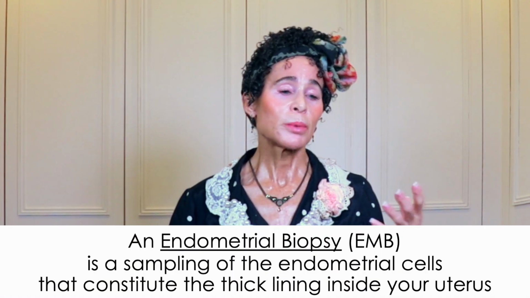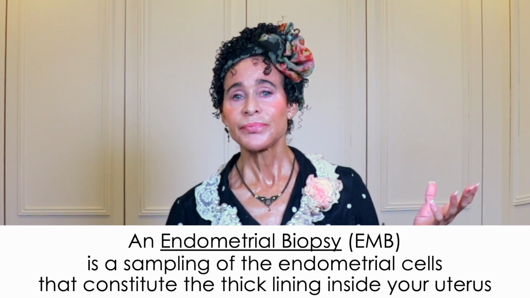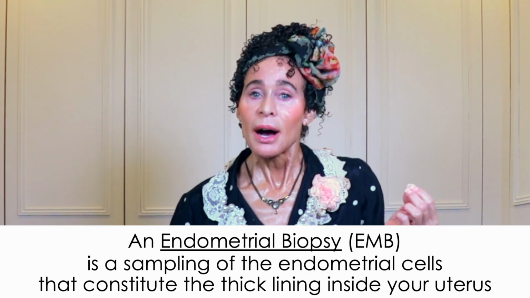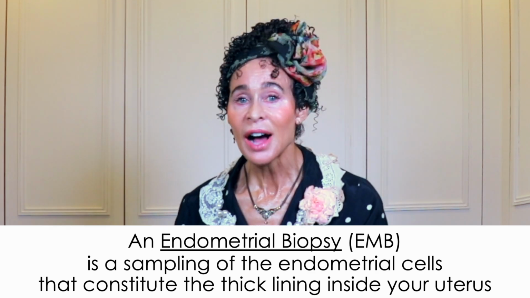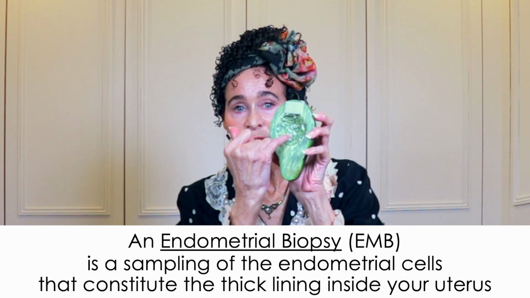But in the unit on endometrial uterine cancer, you learn that the other procedure for evaluating abnormal uterine bleeding is called an endometrial biopsy. An endometrial biopsy, or EMB, is a sampling of the endometrial cells that constitute the thick lining inside your uterus.